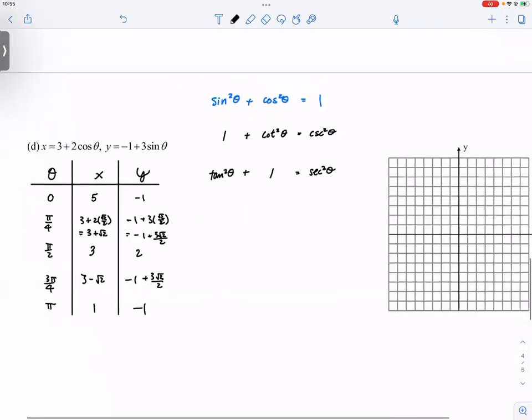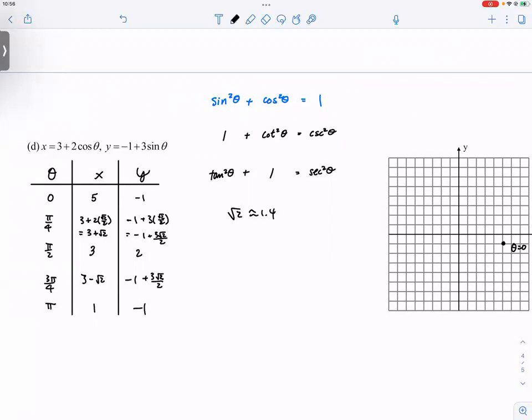All right, now for the graph, we have 5 comma negative 1 when theta is equal to 0. Square root 2 is around 1.4, so you can use that as an approximation.